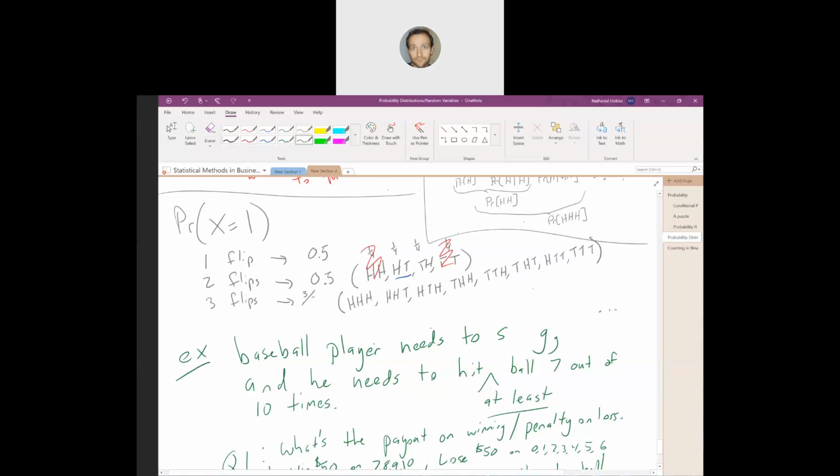Because there's 8 total possibilities, and 3 of them have 1 head. And each of these have a probability of 1/3, you say? No, 1/8, yes, 1/8. Thank you.